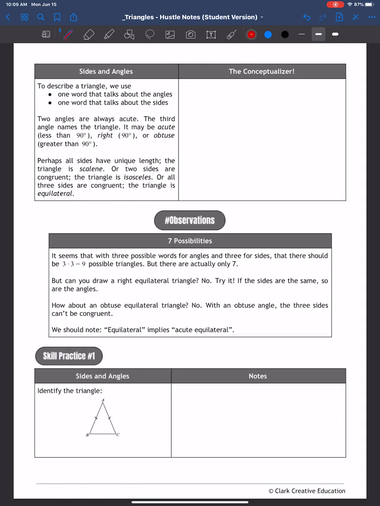So then when you are describing triangles, we use a word that talks about the angles and a word that talks about the sides. This means that, for example, you would have a scalene obtuse triangle, because we know scalene means none of the sides are the same, but we also know that this angle is more than 90 degrees.